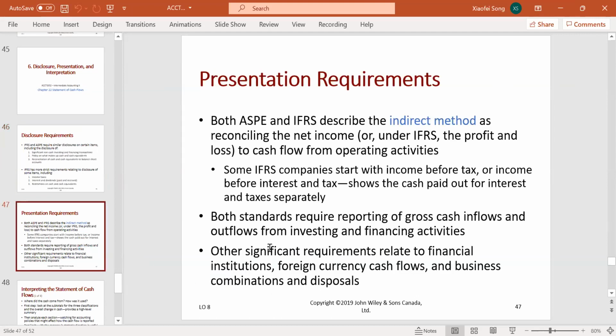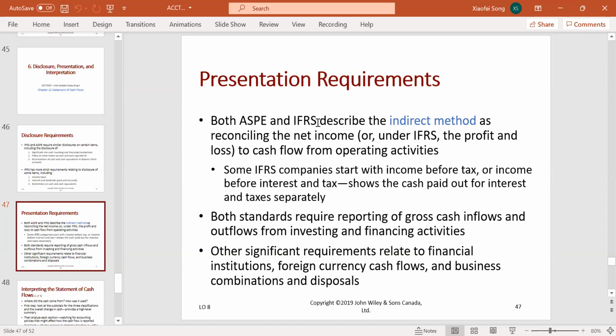Now, about the presentation, as we said, both ASPE and IFRS encourage companies to use the direct method, but it is not required, right? They also have the requirement that you should reconcile cash from operating activities with the net income.